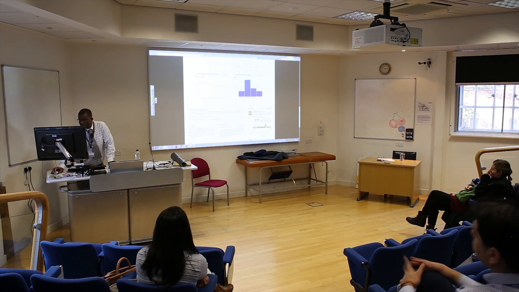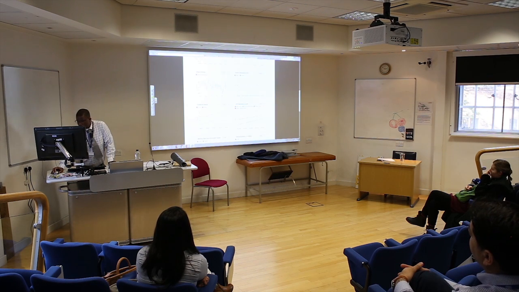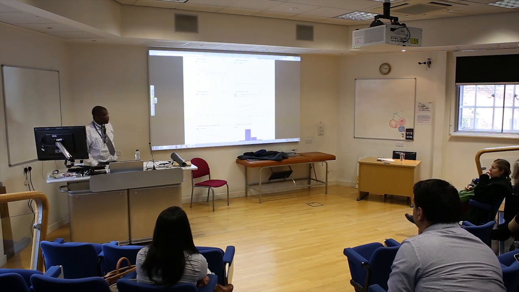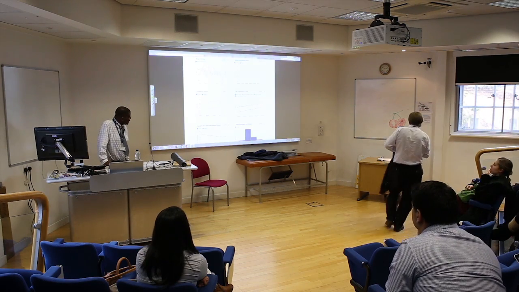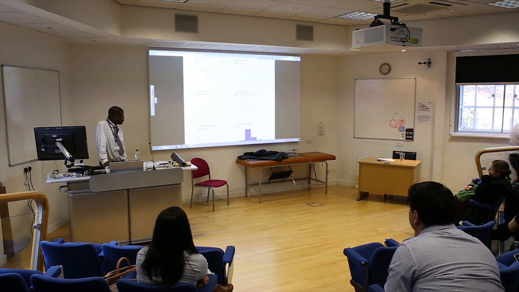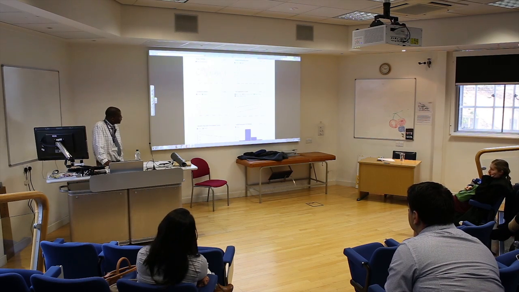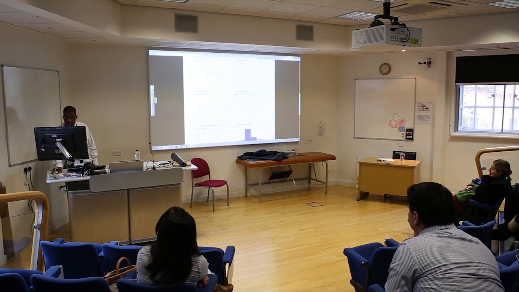So that's some of the health-related graphs for the past 12 or so years. And this graph, for example, shows that childhood obesity is far greater in London than in the country as a whole, so much greater.